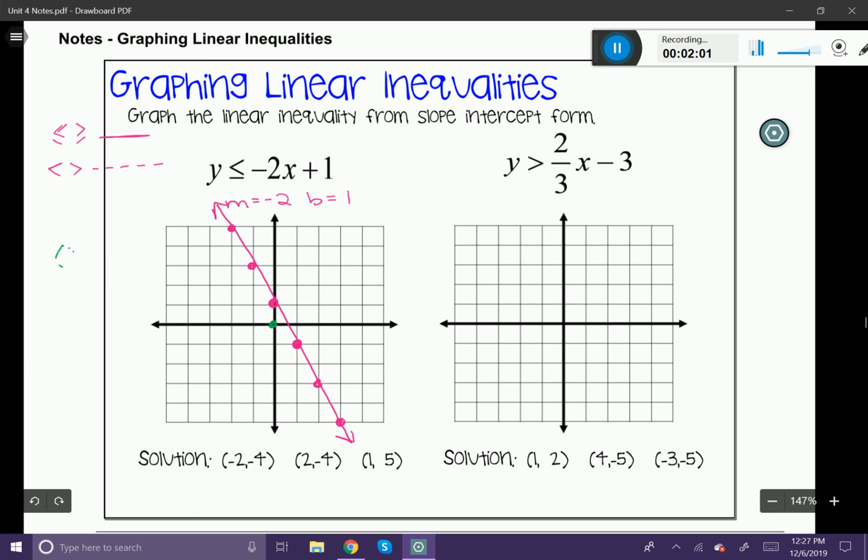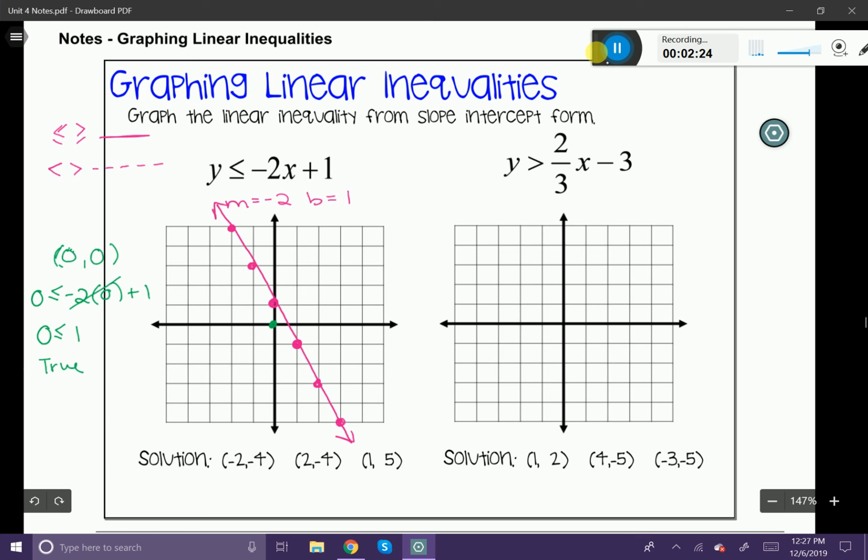So I'm going to test the point 0, 0. I'm going to plug it into the inequality: 0 is less than or equal to negative 2 times 0 plus 1. These two are going to cancel out, and I'm left with 0 is less than or equal to 1. You can see that what it leaves me with is a true statement.